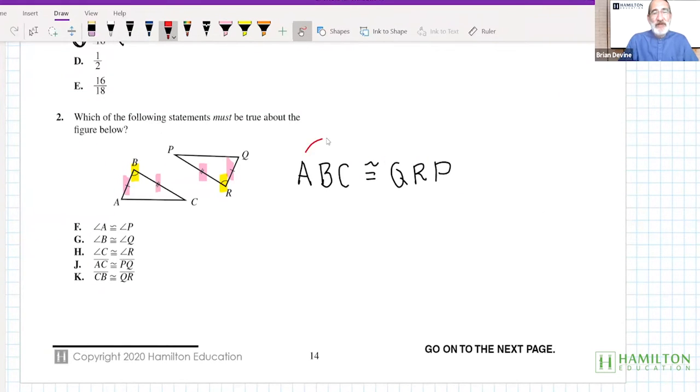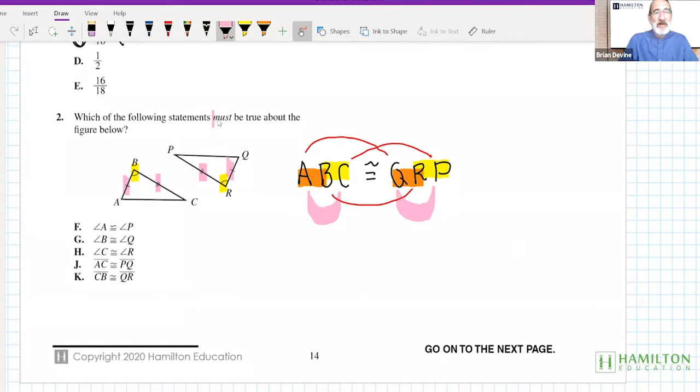I know that angle A and angle Q are the same measure, and B and R angles are the same measure, and C and P are the same measure. And I know that AB is congruent to QR, and I know that BC is congruent to RP, and I also know that AC would be congruent to QP.